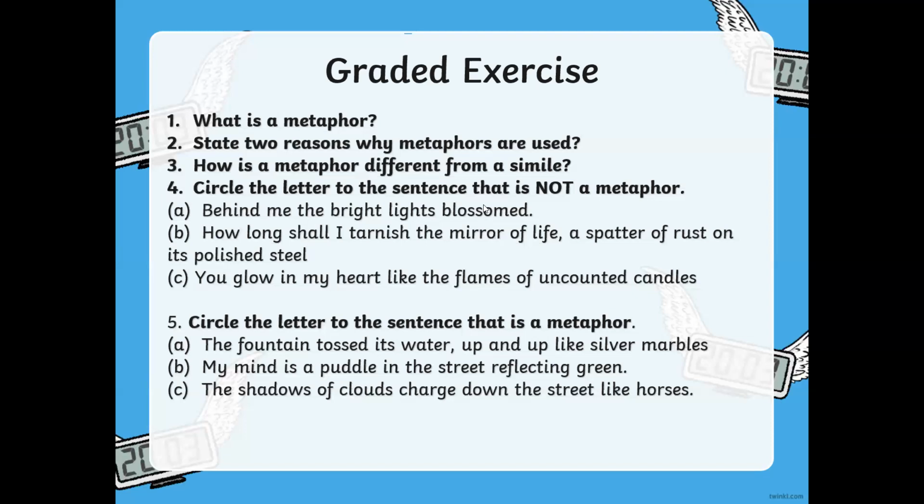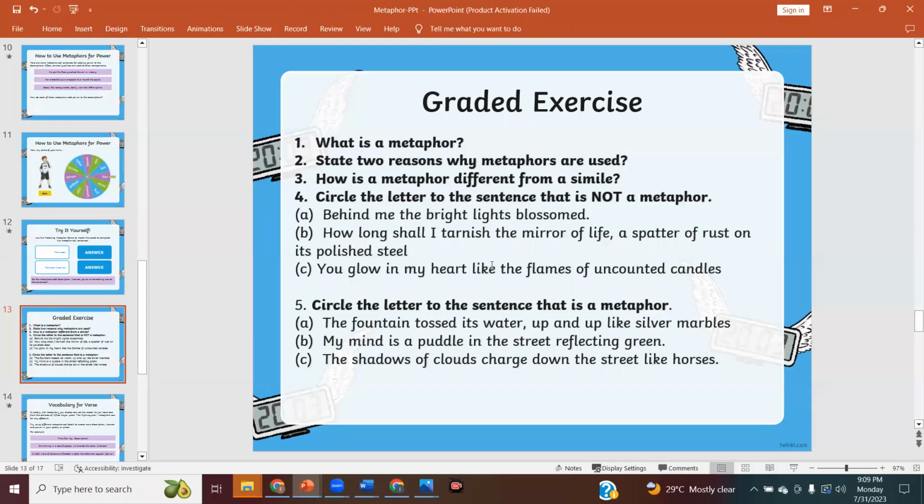All right. I don't know why we're making this so difficult, because this is not a difficult assignment. So let's answer number 1 together, because the hour is getting late. Number 1: what is a metaphor?